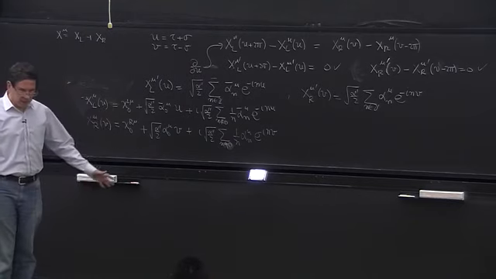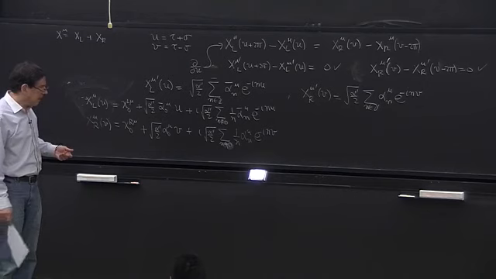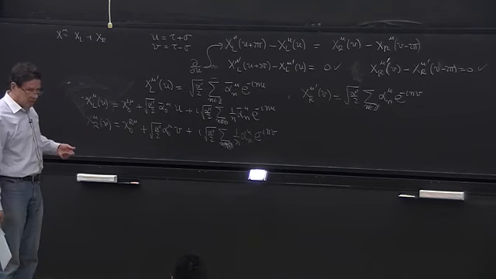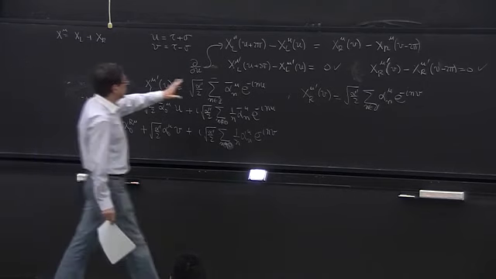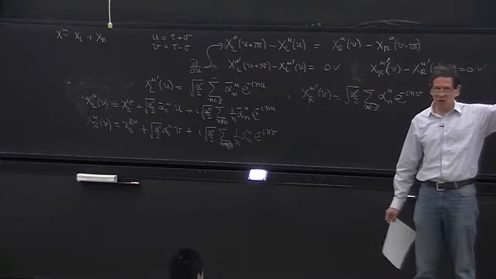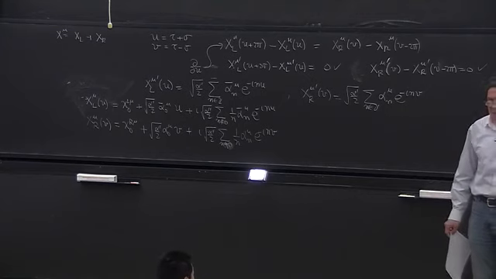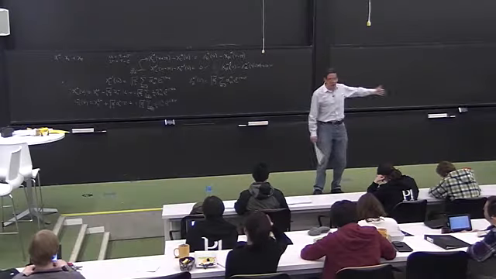Okay, now, could you repeat what that alpha n bar is? What is the connection between alpha and alpha bar? There's no connection between alpha n bar and alpha n. They're independent. They're not the complex conjugates of each other, nor the Hermitian conjugates, nor anything. Totally independent.